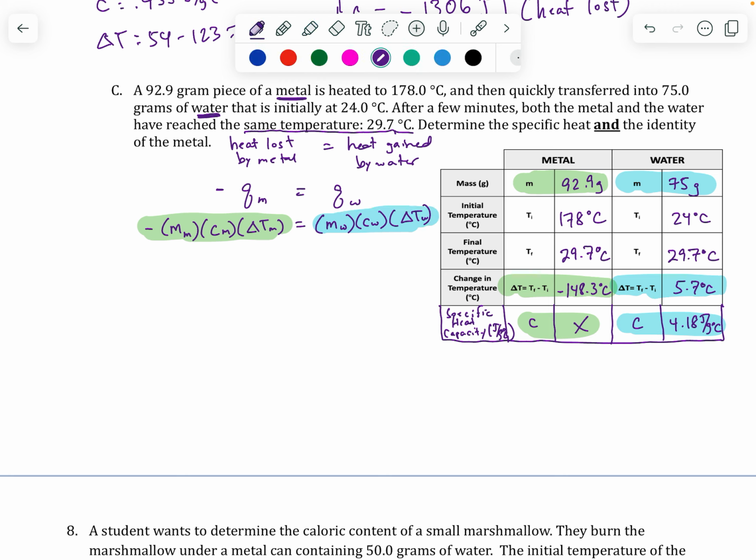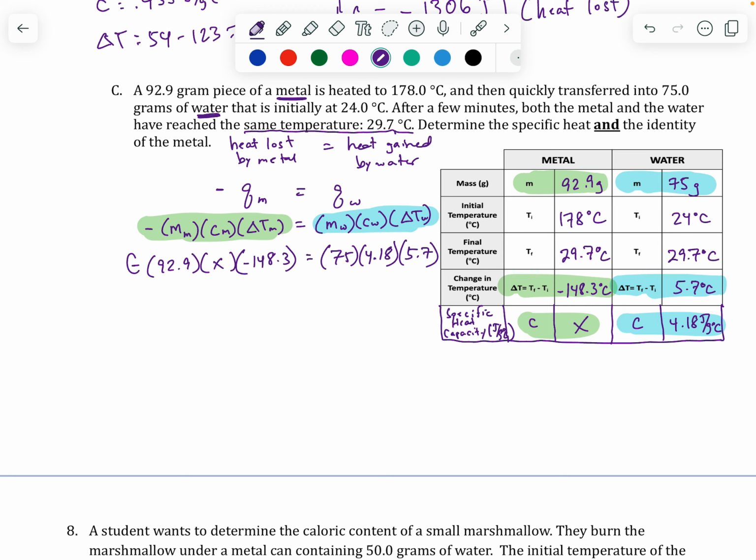All right, so the negative just represents heat lost, 92.9 grams. We do not know the specific heat. We do know that we changed temperature by negative 148.3 degrees Celsius. We have our 75 grams, 4.18 joules per gram degrees Celsius, and 5.7 degrees Celsius temperature change.